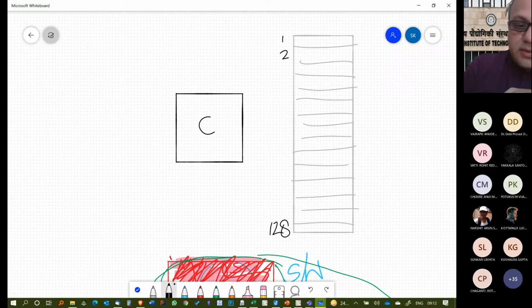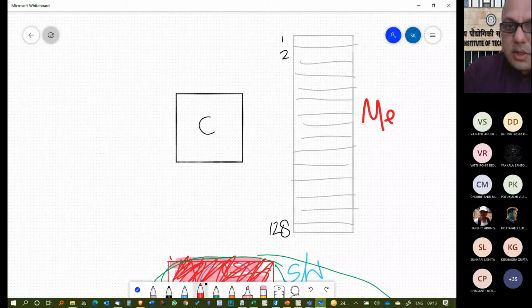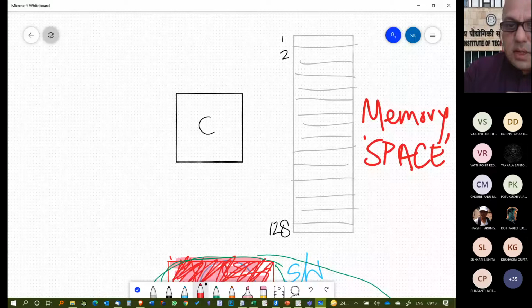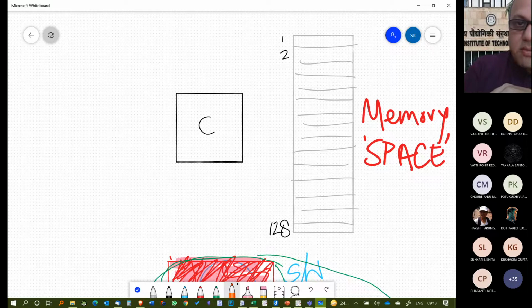Now, in this so-called memory space, that's a nice name to give this, like a vector space. This is the memory space. So in this memory space, I could actually have memory.